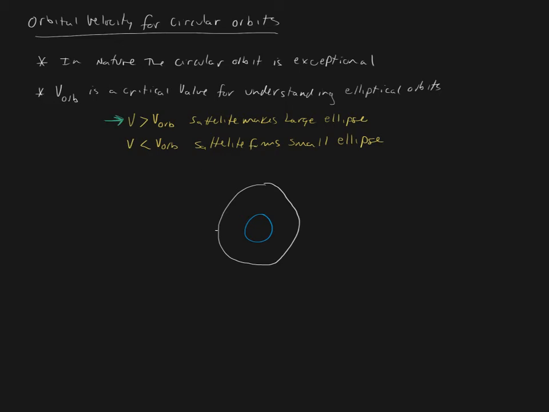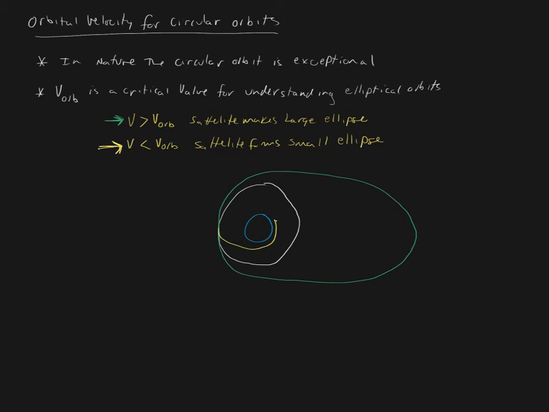So if you're going too fast for this circular orbit, then you're going to form an elliptical path which looks something like this. Okay? And if you are going too slow, that's this one. If you're going too slow, then you're going to form an elliptical path that looks like this.